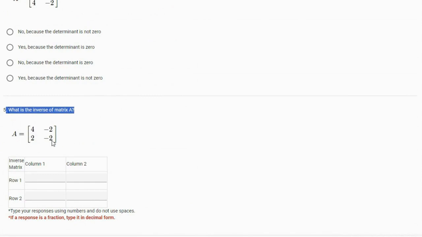You got to do that on paper. That's going to be really hard to do in your head. And look, if it's a fraction, type it in decimal form. So you need a calculator to convert it to a decimal. So this is a bit more work. You got to do most of these on paper. Just to find that inverse, you got to go through the steps.